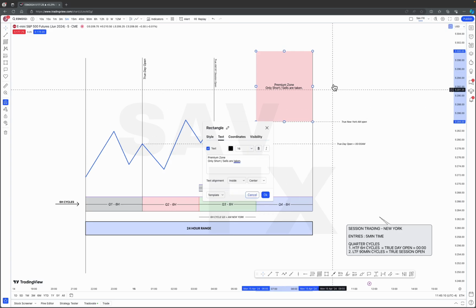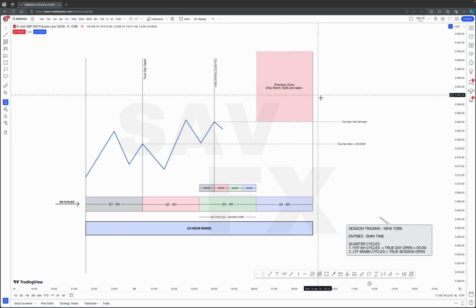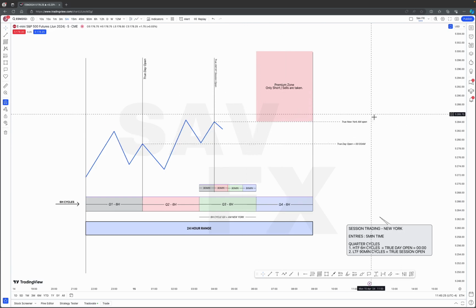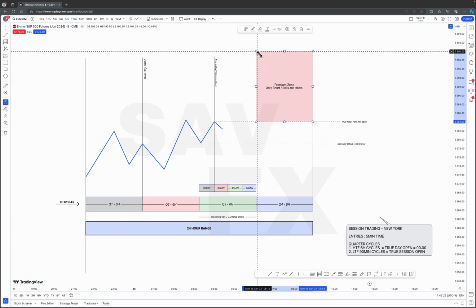If you're taking buys within this range, you're most definitely on the wrong side of the market more often than not. So you're gonna get caught up in really low probability conditions, right? So that's your premium area.